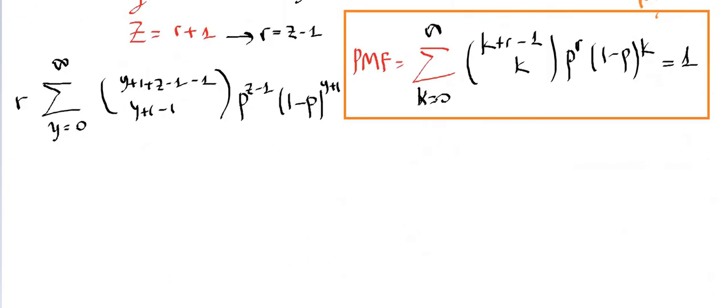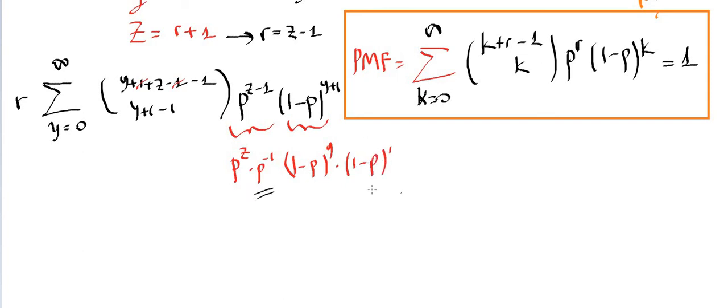Now let's do necessary simplifications. Negative 1 cancels negative 1, and we can separate the powers here. So we can rewrite it as p to the z times p to the negative 1 by the power rule, and 1 minus p to the y times 1 minus p to the first power. And here we can pull this to the front.